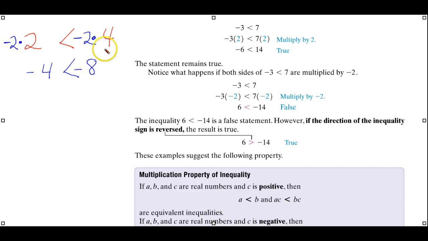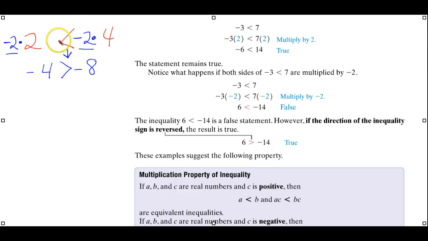So the rule that comes out of this, because this is not true this way, is that if you multiply by a negative in an inequality, or divide by a negative, in order to keep it true, you have to reverse the direction of your inequality sign.